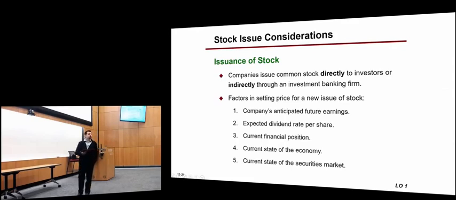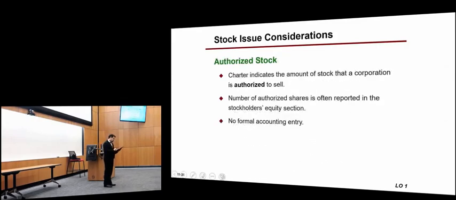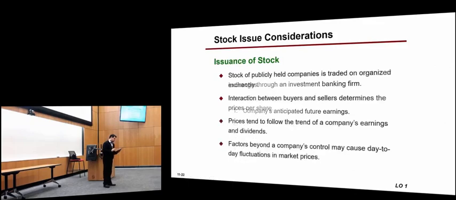This is earnings per share. So what is the expected earnings per share? All these factors affect the price of the stock at the time they issue their stock. Okay?